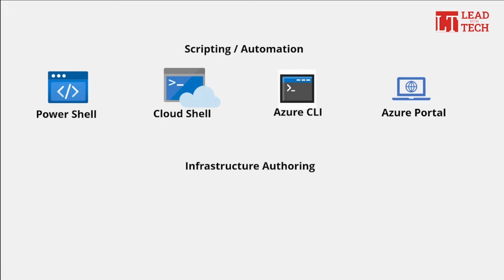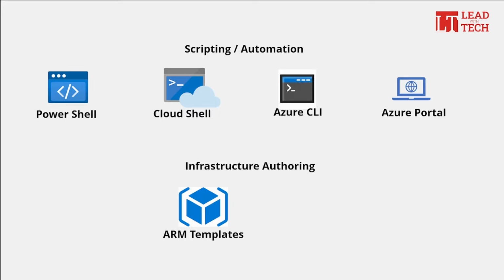Now, when it comes to authoring the infrastructure, when we say authoring, I mean, how do you define the various parameters and properties? How do you define what resources you will need to create, which are then invoked by the scripting tools mentioned above? There are two authoring templates or authoring components that Azure provides for you to create reusable templates to create similar resources across the subscription.